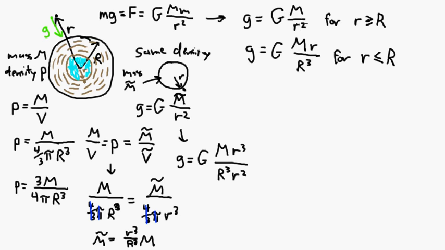And then we need to do this in terms of density. So the easiest way to do this is to take, instead of density equals mass over volume, mass equals density times volume.